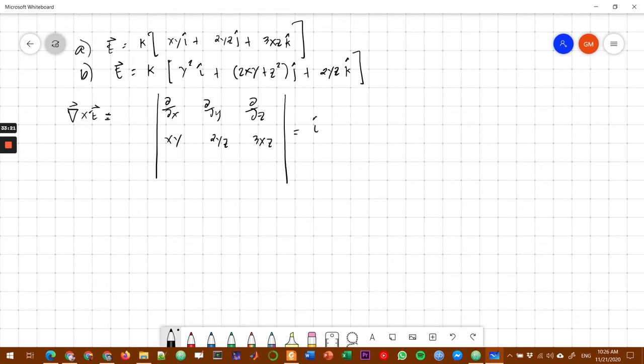So you have i hat, do the basket method. So you have partial y of 3xz minus partial z of 2yz, right? So minus j.